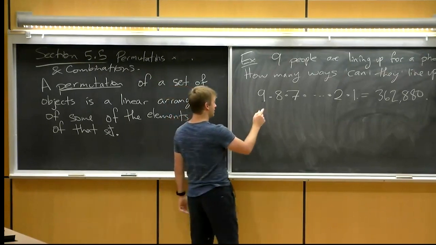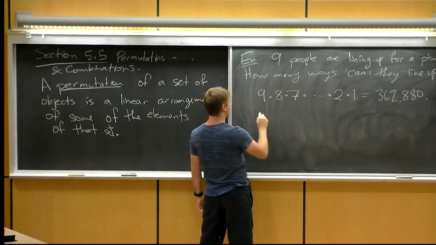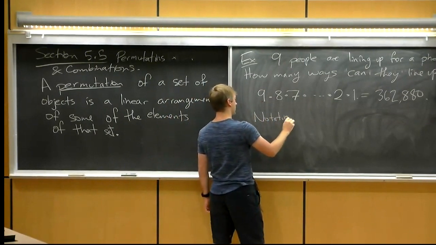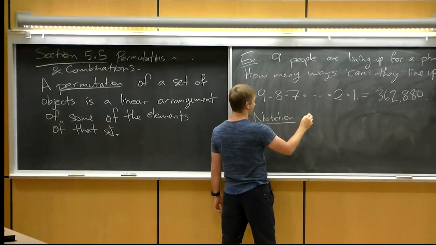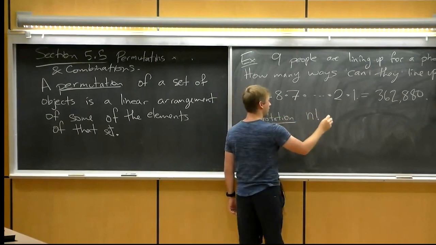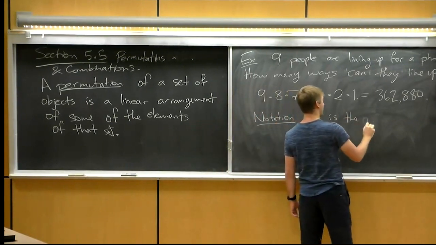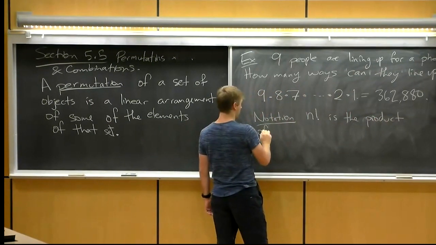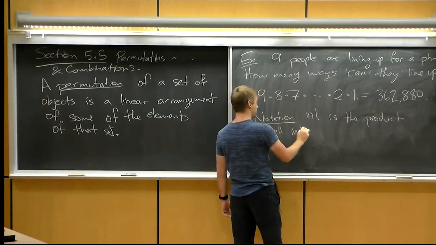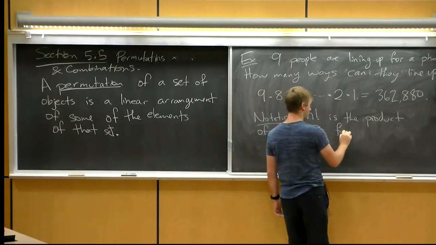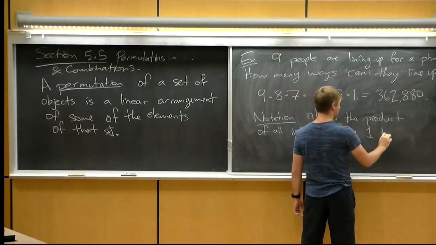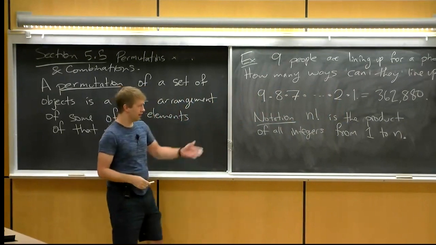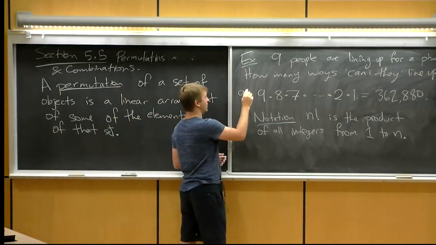So yeah, 9 times 8 times 7, etc. So the notation would be, well, n factorial is the product of all integers from 1 to n. So in other words, this would be 9 factorial.